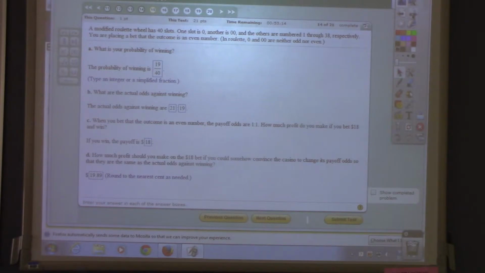Take the 21 over 19, sorry, right here. Do that on your calculator and multiply it by 18, whatever number is right here. I did what you told me. I said times 18. And there's a 25 right here.